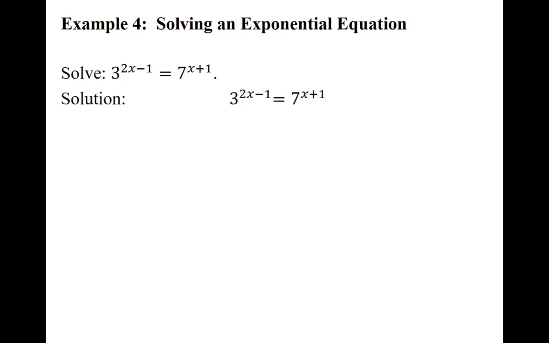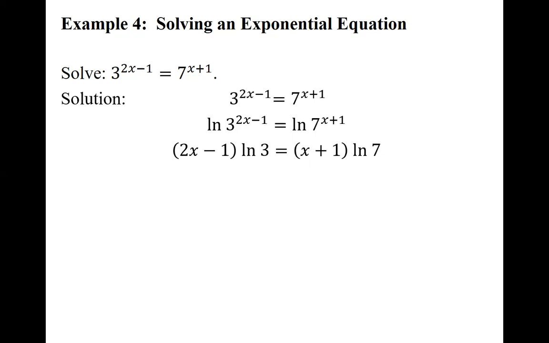So we'll take what we have, and we'll take the natural log of both sides. Then exponents become coefficients. And here the entire 2x minus 1 in parentheses goes in front of that log on the left. The entire x plus 1 in parentheses goes in front of that log on the right.